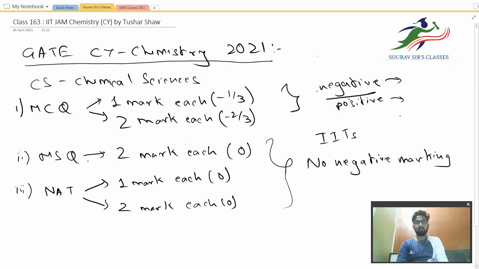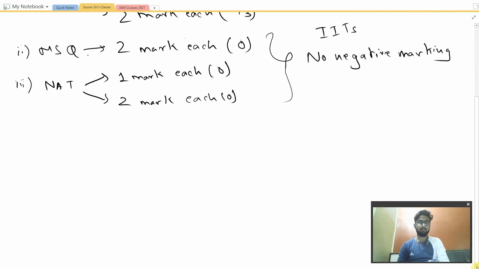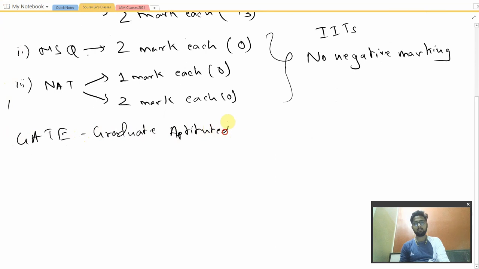Apart from these types of questions, the full form of GATE is Graduate Aptitude Test for Engineering.